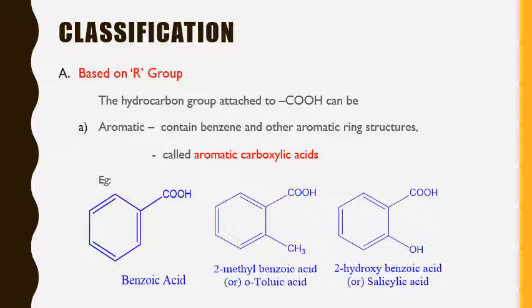So the first type of classification, as I said, is based on the R group. R is the hydrocarbon chain in the general formula of carboxylic acid. When R, which is attached to the main functional group COOH, is aromatic or aliphatic: it is called an aromatic carboxylic acid when the R group is something like benzene or any other aromatic ring structure.